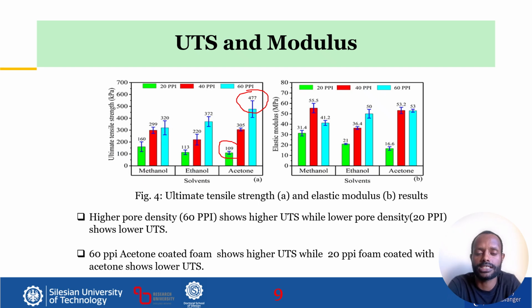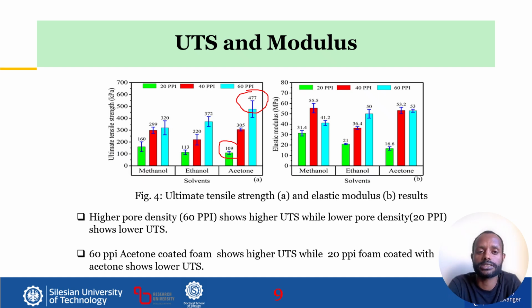That means the cells are fine, nearly uniform, not exactly uniform, but more uniform than those of 20 ppi and 40 ppi. In addition, since it is 60 ppi, we have 60 cells per 1 inch, so all cells contribute to resisting this tensile load.